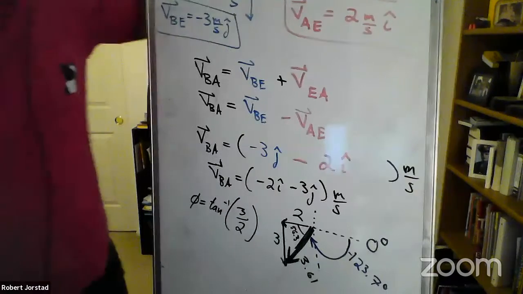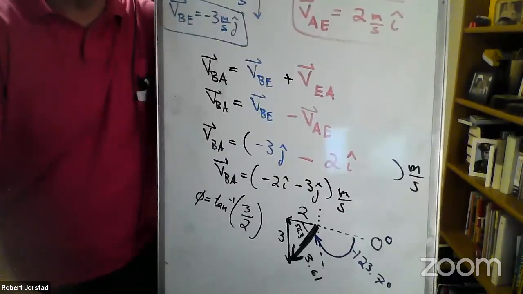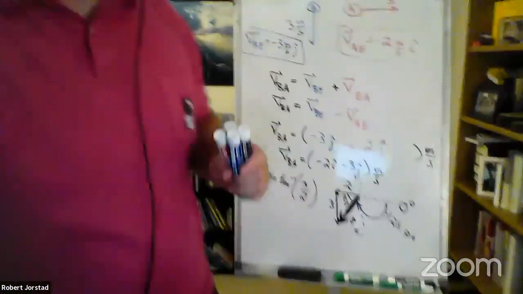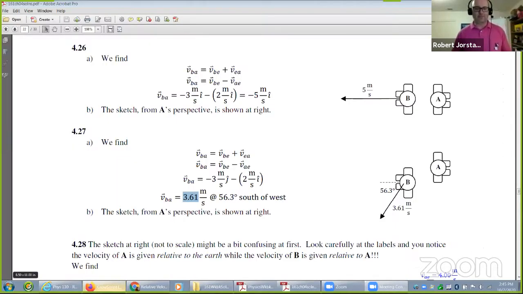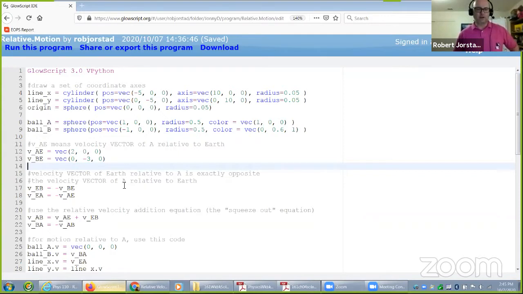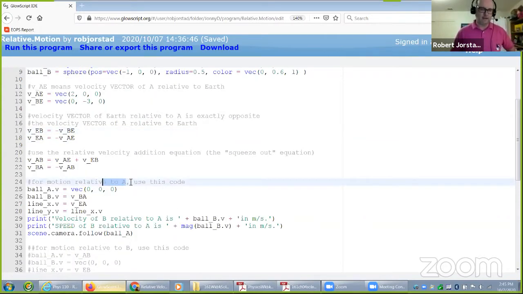All right, so let's go take a look and see how this simulation differs, right? And so far, this probably seems pretty easy. Don't worry, it's going to get hard quickly. All right, we're trying to learn the basics in an easy way, and now I'll just start punishing you severely. So in this case, this one was -3 in the j hat. So now when I run this one, we're going to look at the motion relative to A. Okay, so which object should be sitting still if we're looking at the motion relative to A?